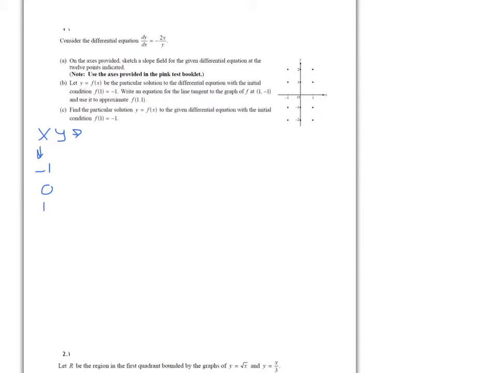And the y values that we're going to be working with are -2, -1, 1, and 2. So notice that there is no y value of 0 here. So now I'm just making a table of values.